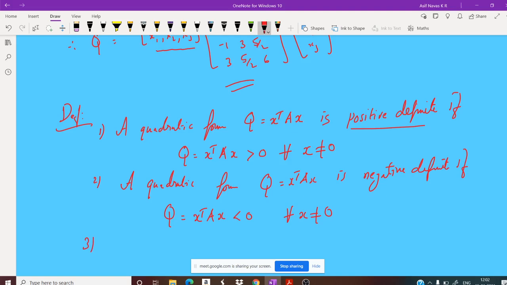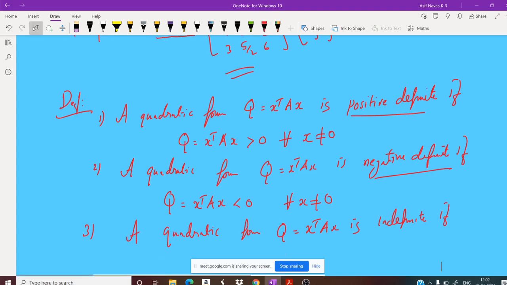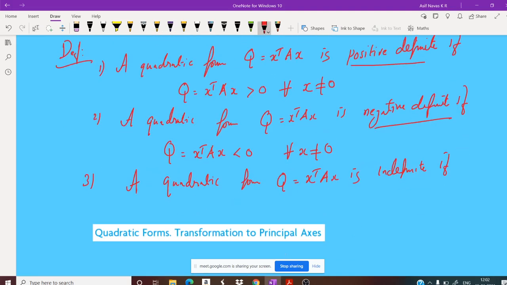Okay. Now third, a quadratic form Q equal to x transpose Ax is indefinite if Q takes both positive and negative values.